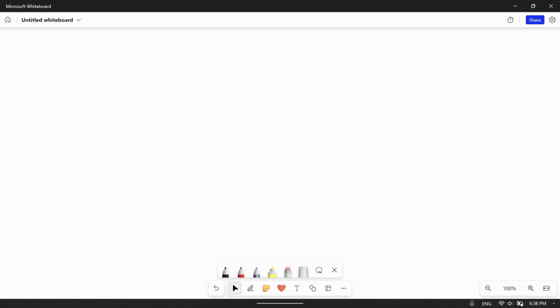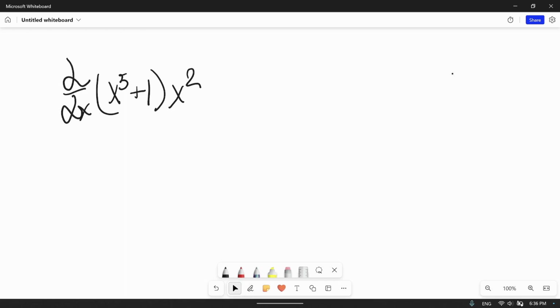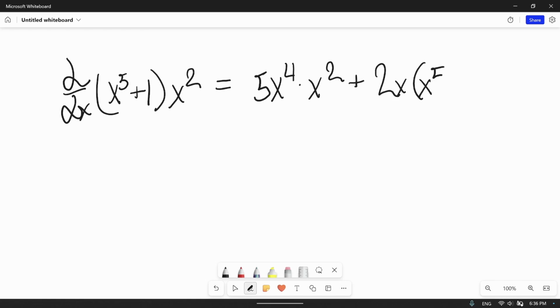So if we have, let's say, a function of x to the fifth plus 1 times x squared, and we want the derivative of this, then it's going to be 5x to the 4 times x squared plus 2x times x to the fifth plus 1.